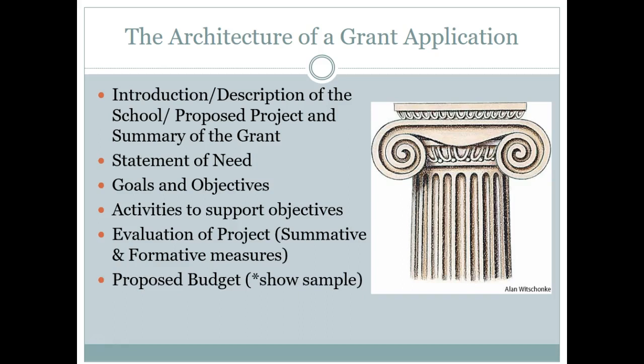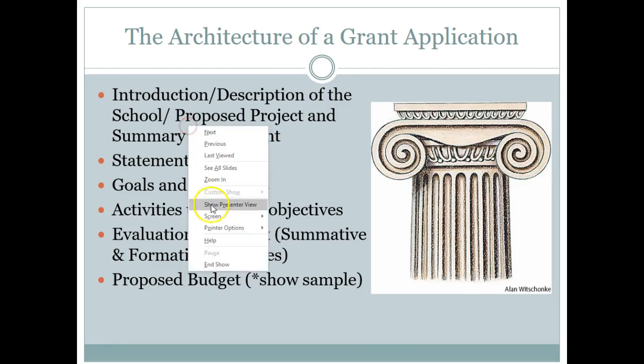Next, we have the proposed budget, which describes what financial resources are necessary to achieve the project goals. So obviously these are directly related to the program activities. And make sure you include things like taxes for the purchase of supplies and equipment and any additional costs. You don't want to overlook those.